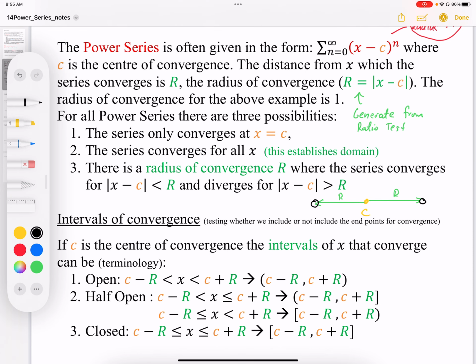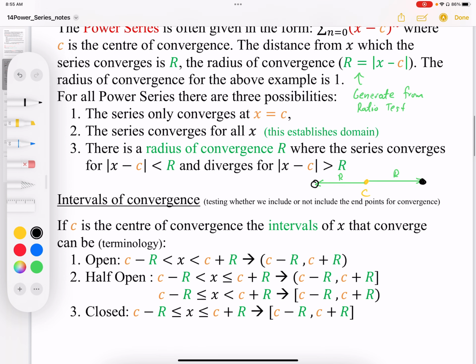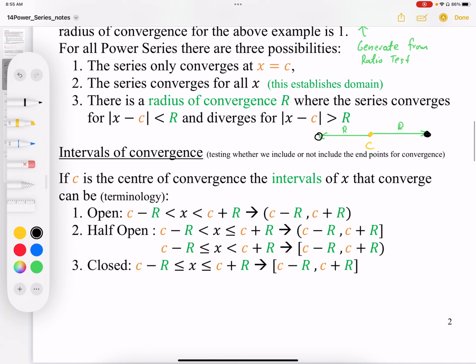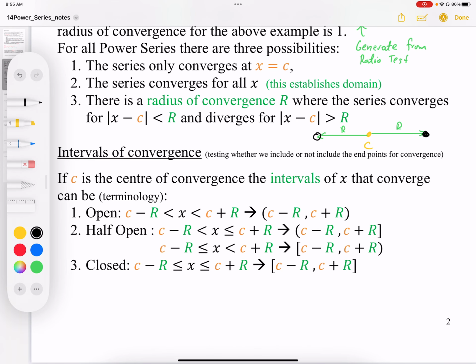So the interval then is going to be whether we include the endpoints, we have them closed like this, or we don't include the endpoints like we have on the left. And so we have some terminology that goes with this as well. We can have it open, where it's open on both sides, so it's not equal to on the left side and not equal to on the right side.